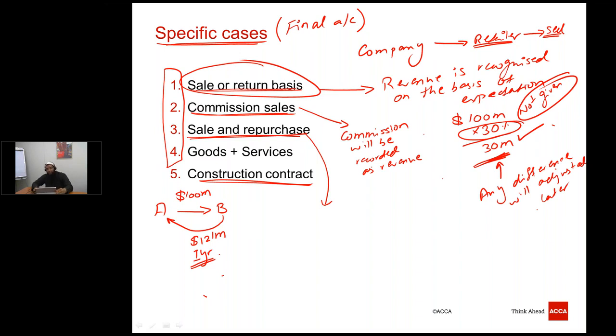So this means that the additional amount that I'm paying, which is 21, why should I pay an additional amount of 21?